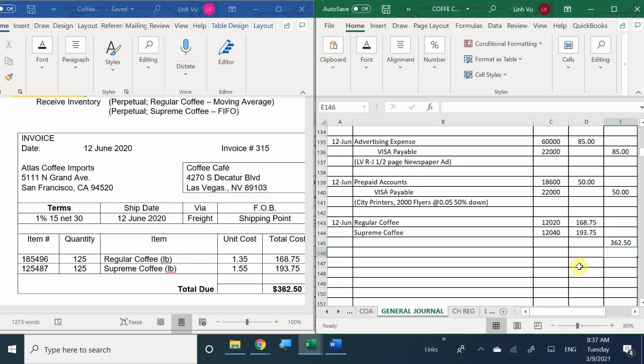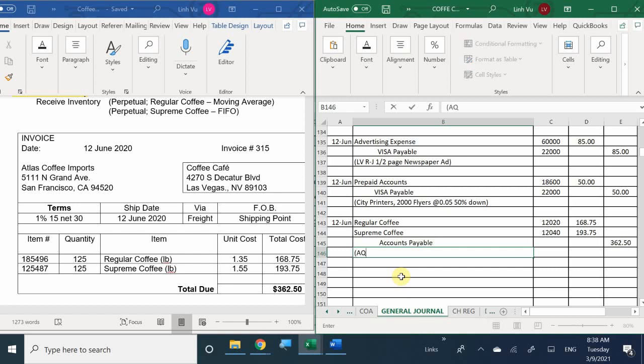All right. Now, did I receive a bill? Am I going to pay now or am I going to pay later? I'm going to pay later. Good. So in this case, I'm going to go ahead and indicate that this is an accounts payable. So first things first, who's this vendor?